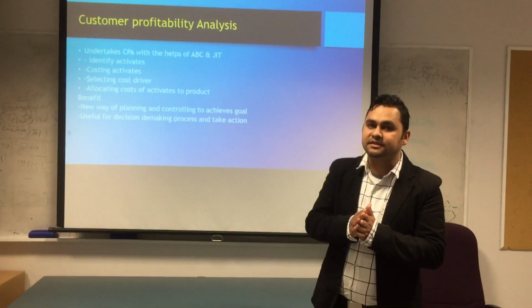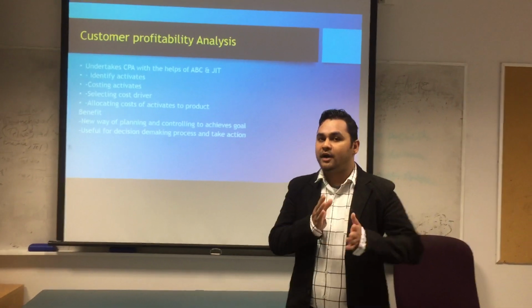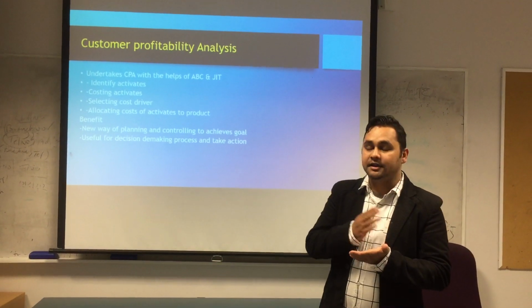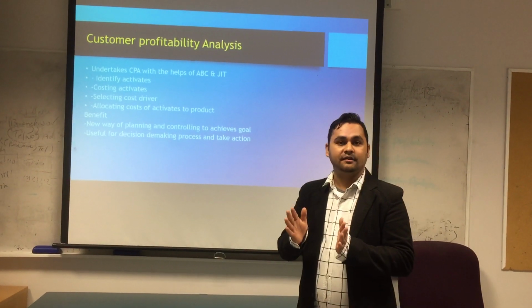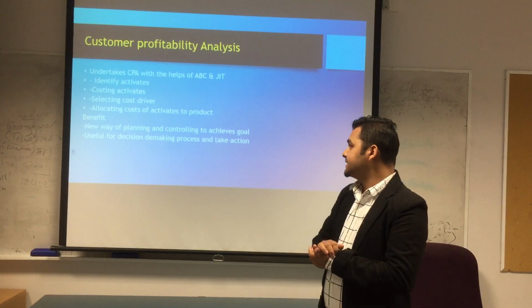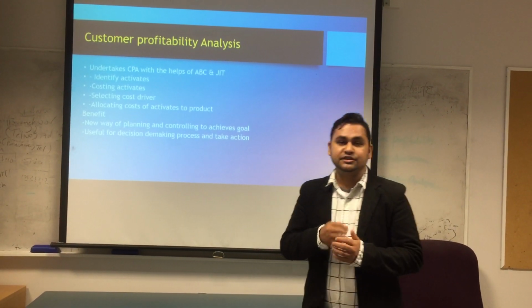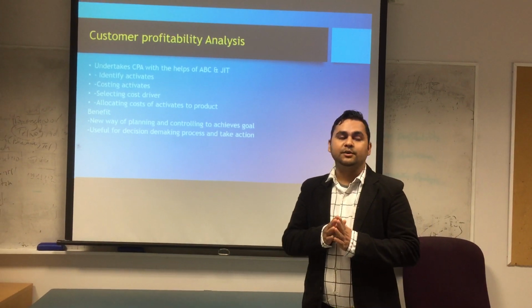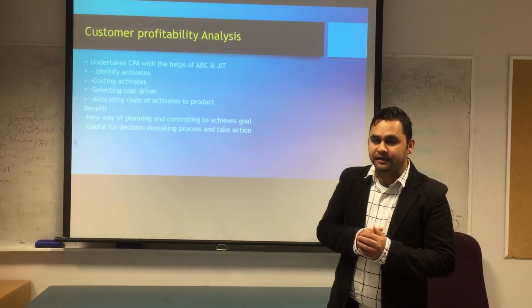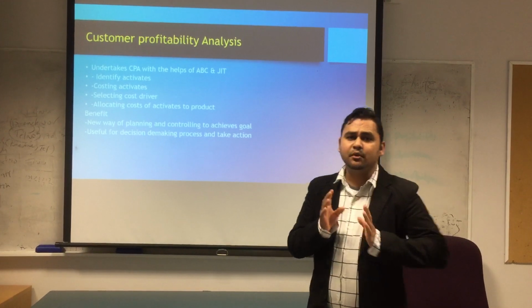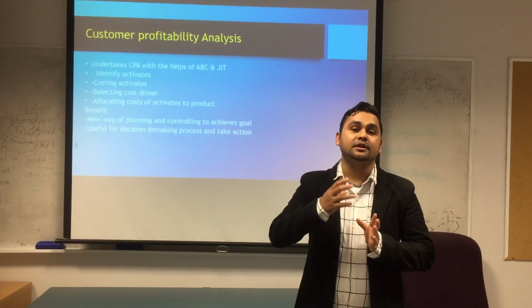Before activity-based costing, they were using traditional method costing. So after moving from the traditional method to ABC, there is a huge difference in the profit. The next one is JIT. JIT is a just-in-time system, which was invented in Japan, and its main motto is to reduce the inventory.